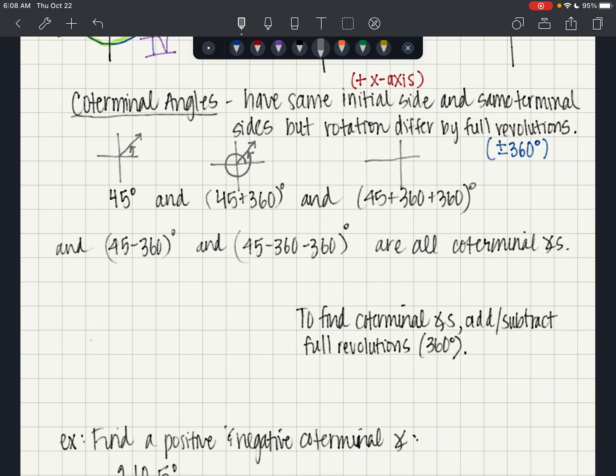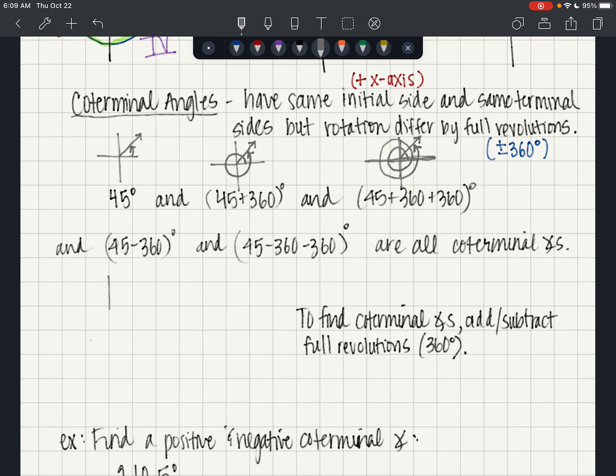And here's another one, 45 plus 360 plus 360 degrees. So we know it's going to be a terminal side smack dab in the middle of quadrant 1, but this time our rotation is 360 degrees once, 360 degrees twice, plus that 45 degrees. Don't forget the arrowhead touching the terminal side. Those three angles are coterminal angles.